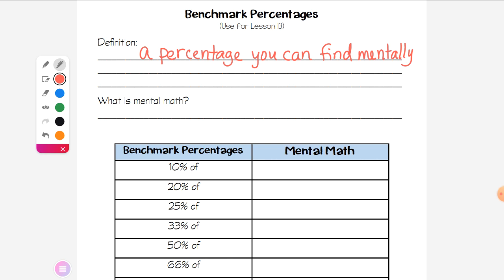Okay, and I'm assuming the definition had something to do with mental math, because the next question says, what is mental math? Sophia, what is mental math? You're able to solve the problem in your head. Yeah, math you're able to do in your head.